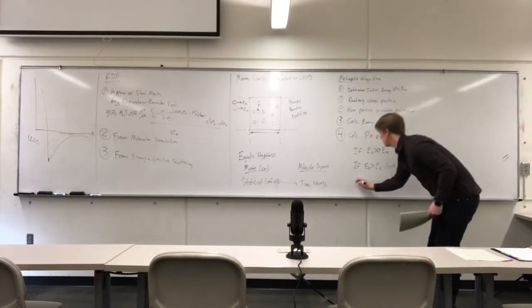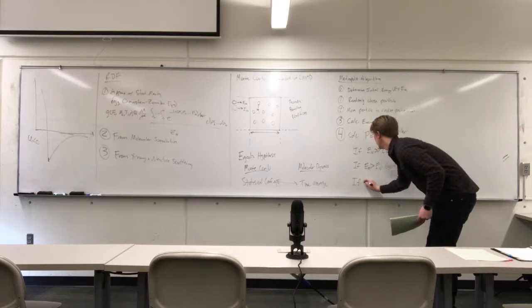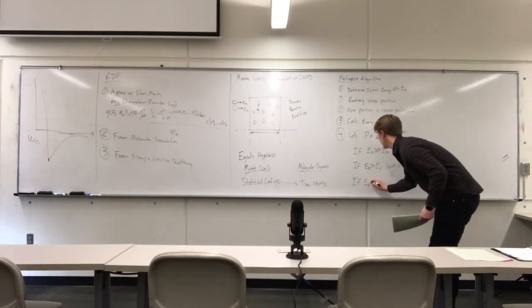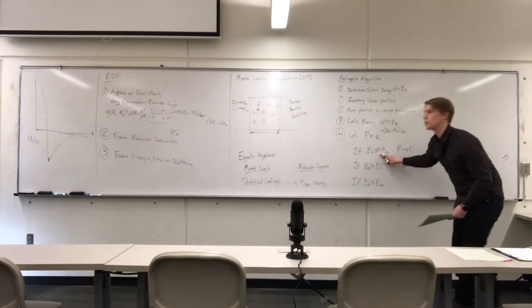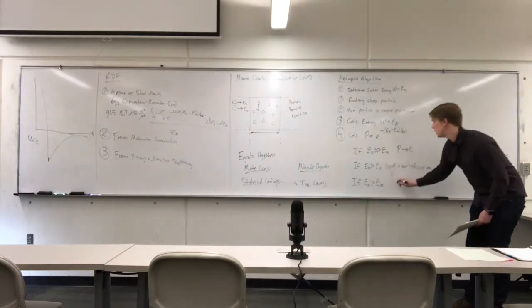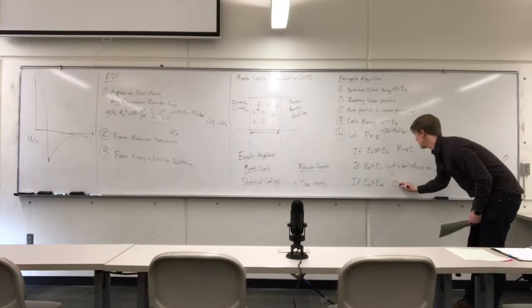The final criteria is if the new configuration has a slightly larger energy, but in this case it's not much, much, much greater. Then we need a random number.